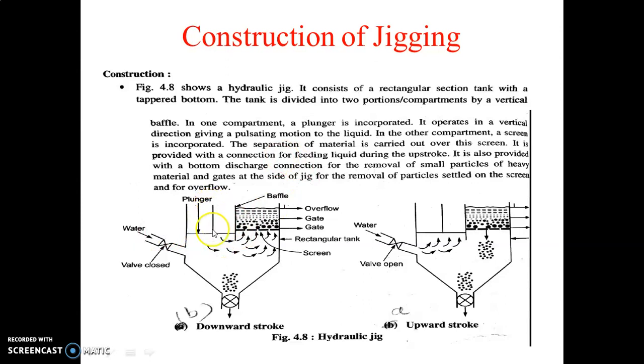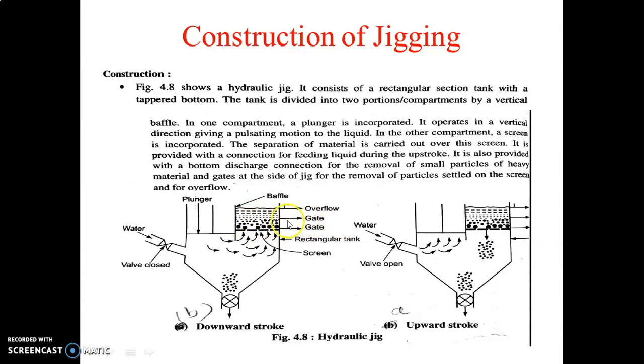This equipment is incorporated in one compartment, and it gives motion to the liquid. In the other compartment the screen is incorporated. If we look here, this is the screen. On this screen the material is kept for separation, and these are the gates.